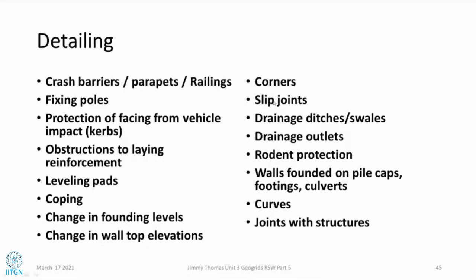That means a gap in the facing so that settlement can be accommodated. Drainage ditches, drainage outlets, like a perforated pipe inside, it has to be taken out. Or sometimes there is a culvert crossing the reinforced soil wall, so the water should not cause erosion.